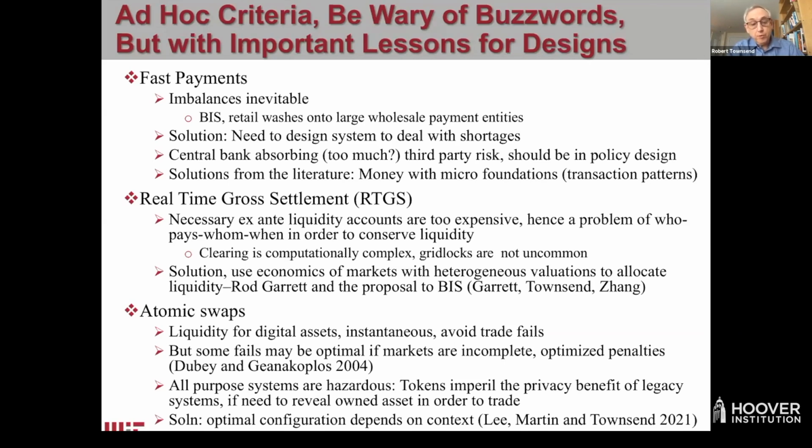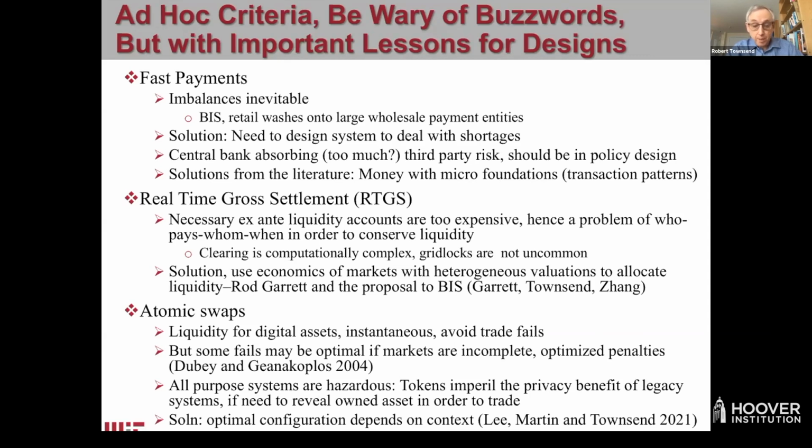The problem with real-time settlement is it's necessary to fund accounts with liquidity balances to be used for clearing, and that's pretty expensive because resources should be used for something else, and private sector entities want to make money. So in fact, the necessary liquidity for clearing is not fully funded. This leads to a problem of who pays whom when in order to conserve liquidity.